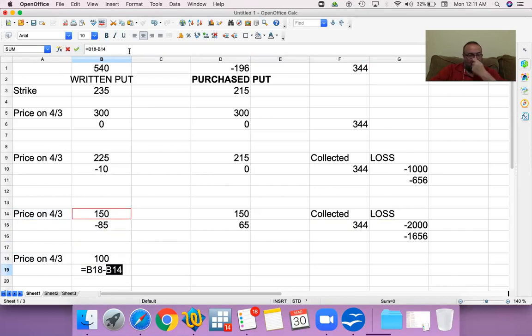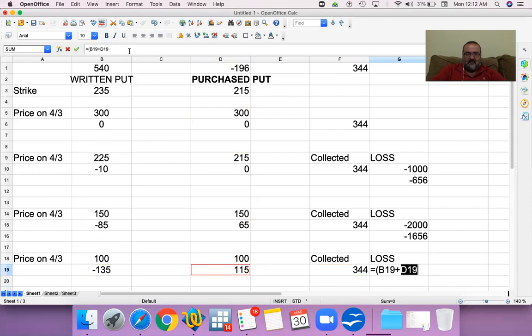If the price on April the 3rd is, say, $100, it's the same. 100 minus 235, because we are writing this, we have a loss of $135. And on the purchased one, because we purchased this, it actually makes us money. Don't forget, this works like an insurance. Again, we collected 344, and then our loss is this one plus that times 100, again $2,000.